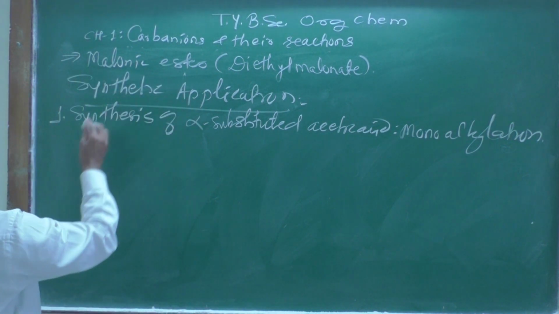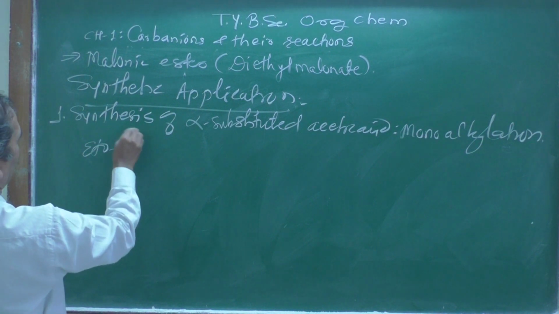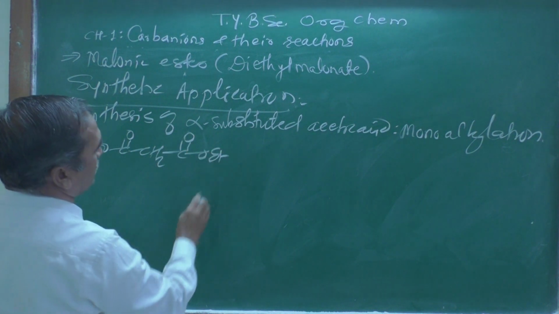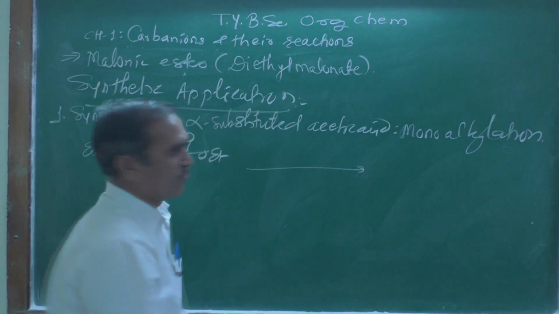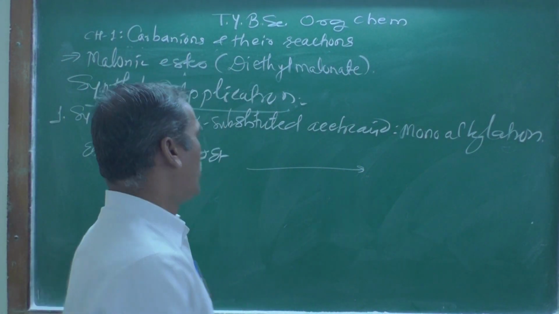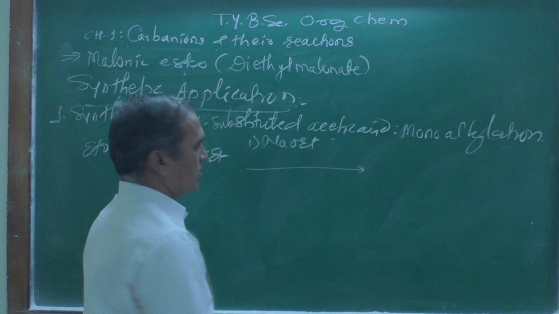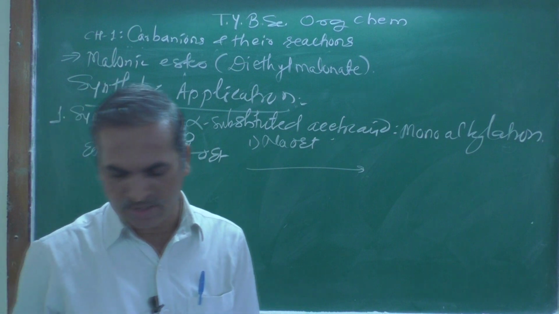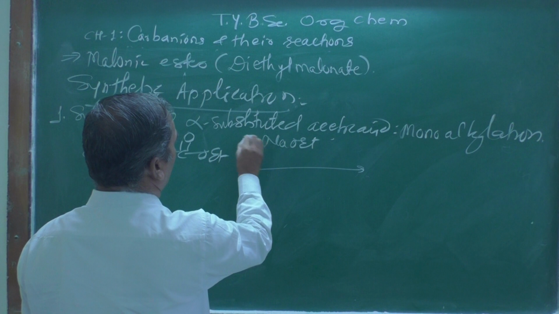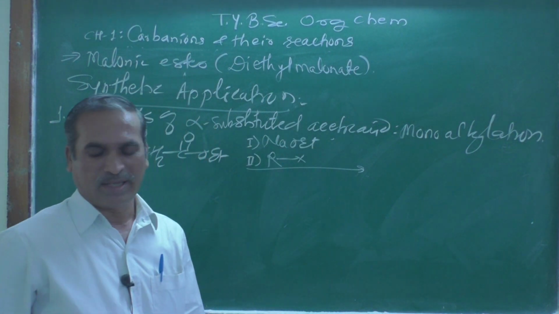As we know, the structure of malonic ester is EtO, C double bond O, CH2, C double bond O, then OEt. There are different reagents we are going to use here. First reagent is sodium alkoxide. Second reagent is the alkyl halide.